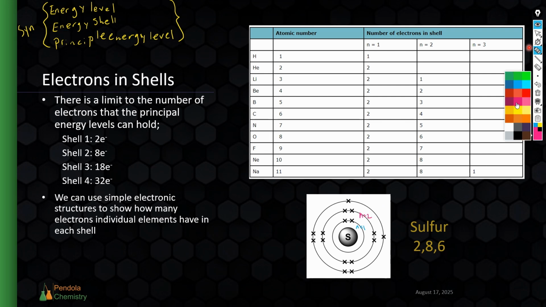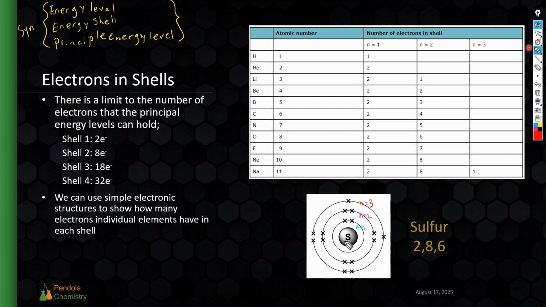And then that third ring is energy level 3. So this diagram shows the individual energy levels, and then the X's represent electrons. So here we can see that energy level 1 has 2 electrons, energy level 2 has 8, and then energy level 3 has 1, 2, 3, 4, 5, 6 electrons.